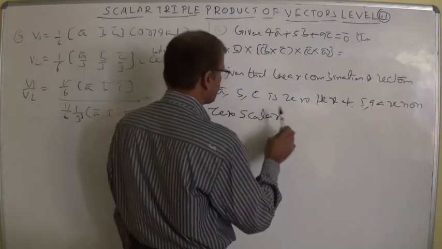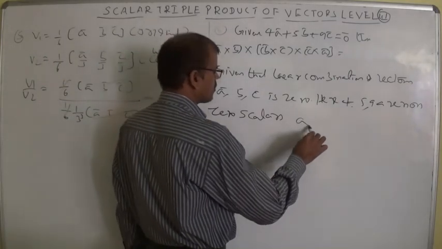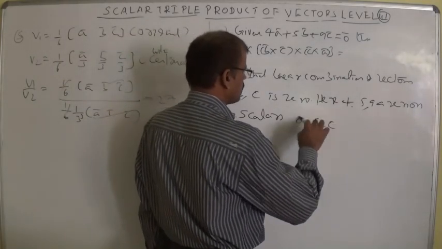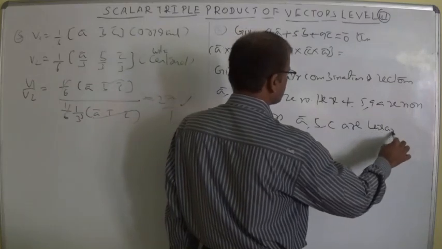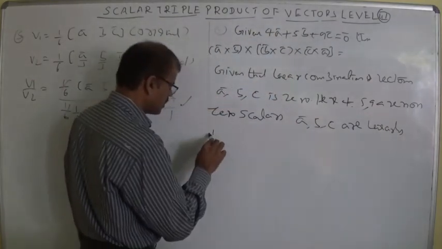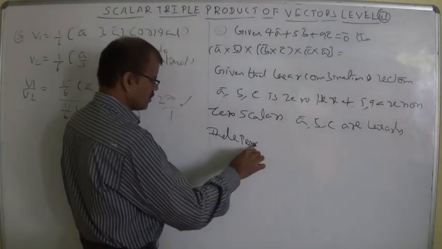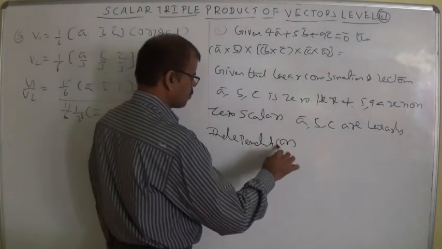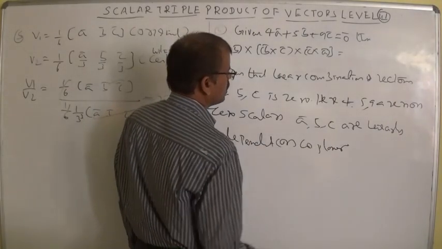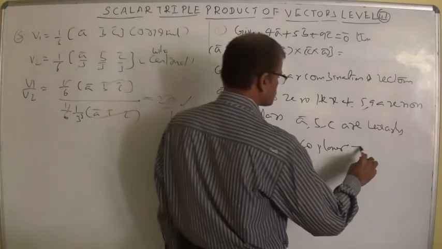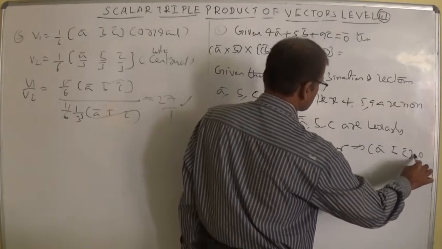Whenever these are non-zero scalars, you can say that A bar, B bar, C bar are linearly dependent or coplanar. That implies box ABC is equal to 0.